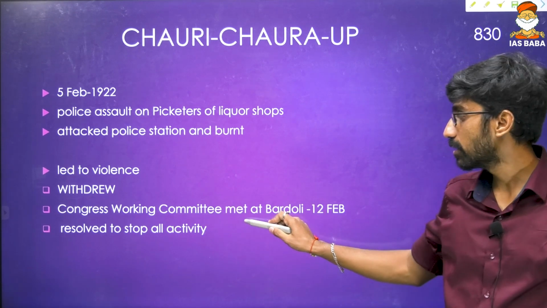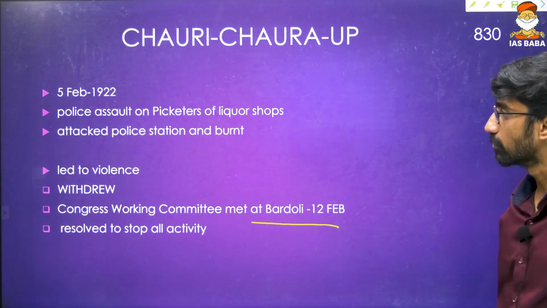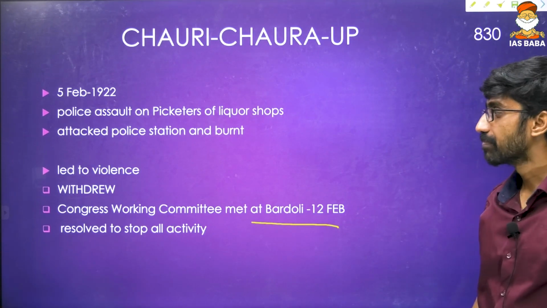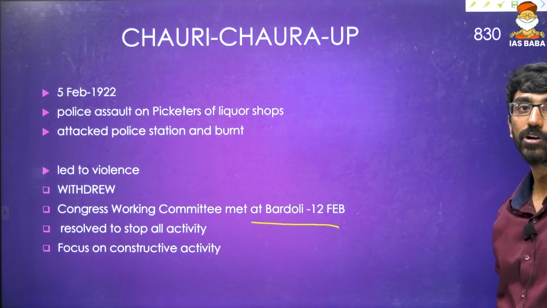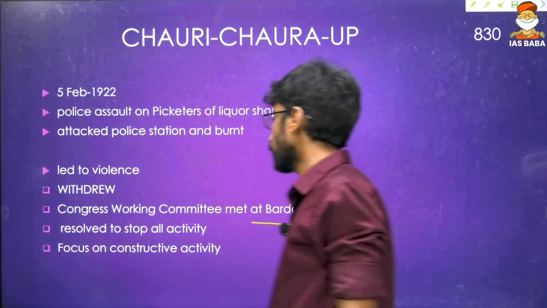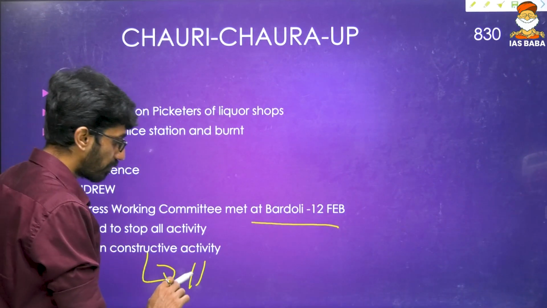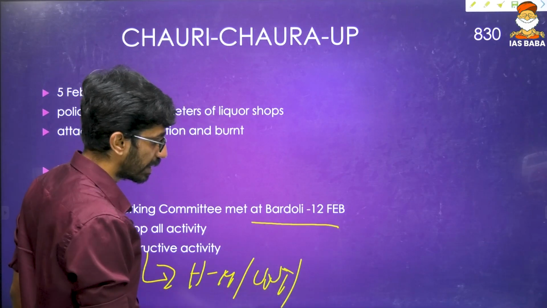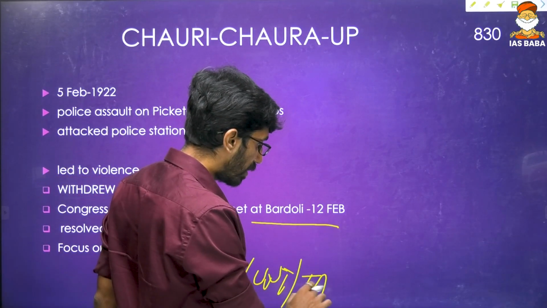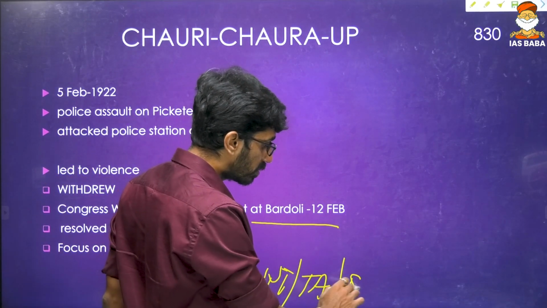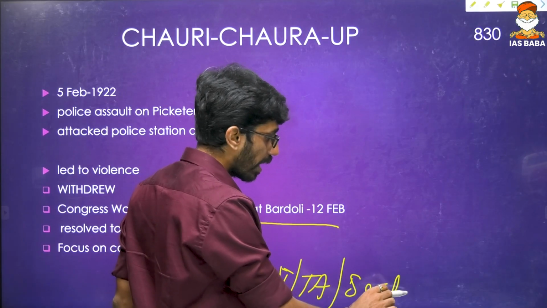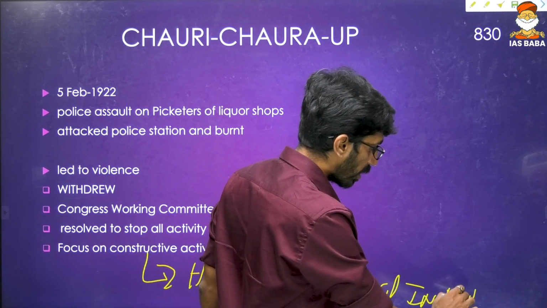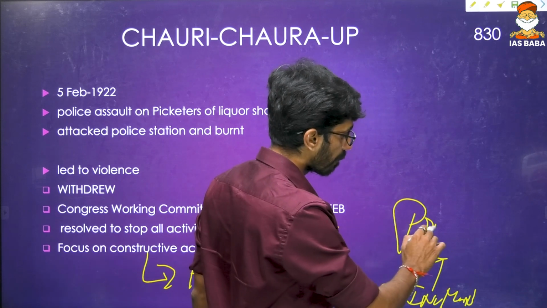Now the Congress Working Committee met at Bardoli, at the same place where the civil disobedience movement was supposed to start, and they approved stopping all political activity and focusing on constructive activity. What is this constructive activity? Work for Hindu-Muslim unity, work for the abolition of untouchability, work for the temple entry movement, work for building schools and colleges, build the INC as an organization through a membership drive, and prepare for the next round of struggle.